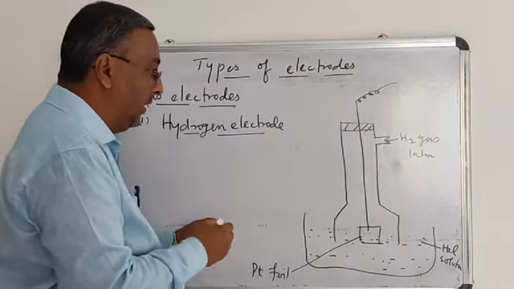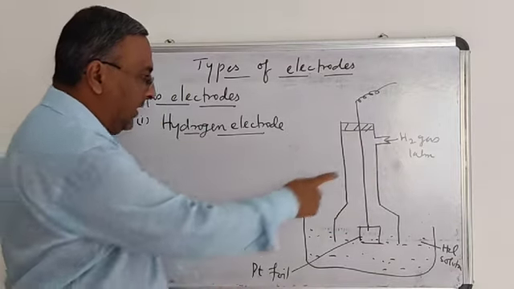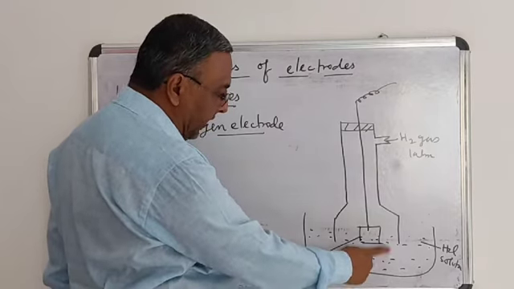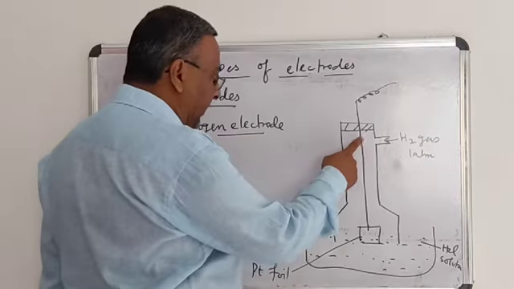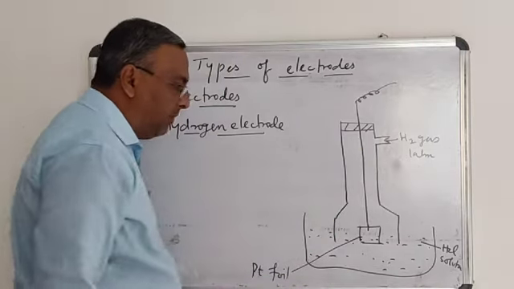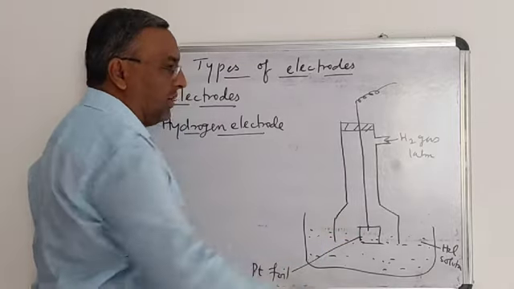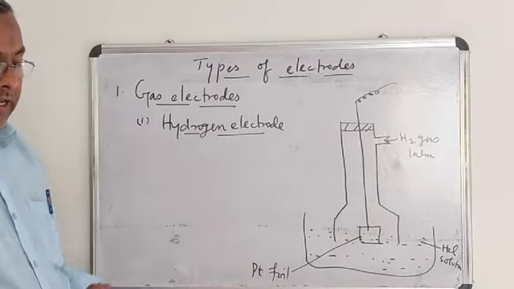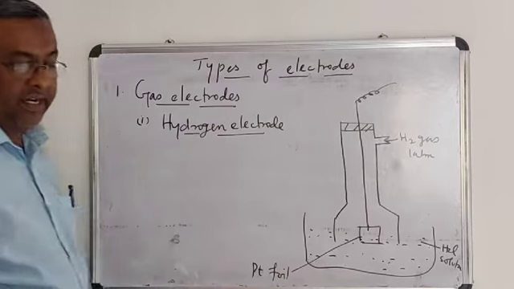In which the hydrogen gas of exactly 1 atmospheric pressure is bubbled through a solution containing H plus ions, that is hydrochloric acid solution. Since the platinum metal is unattackable by acid, it serves to make an electrical contact. Here, the equilibrium in this cell reaction is represented as follows.